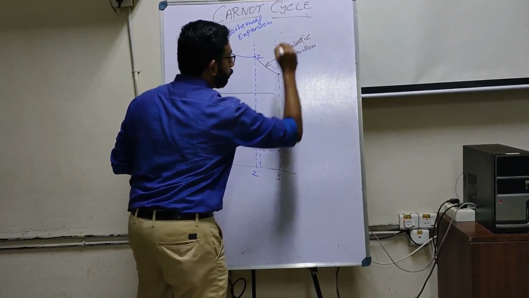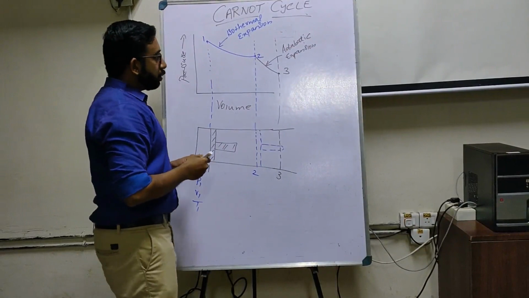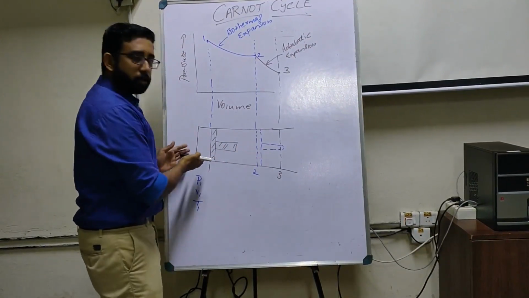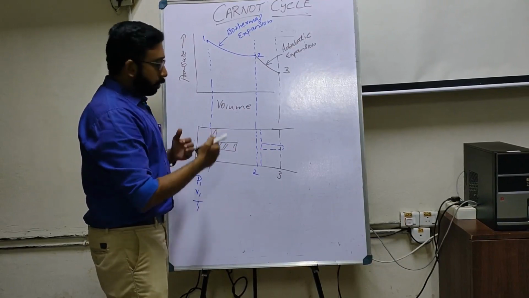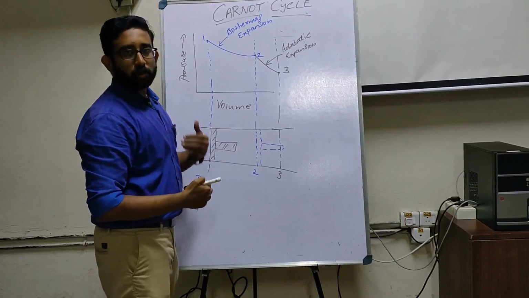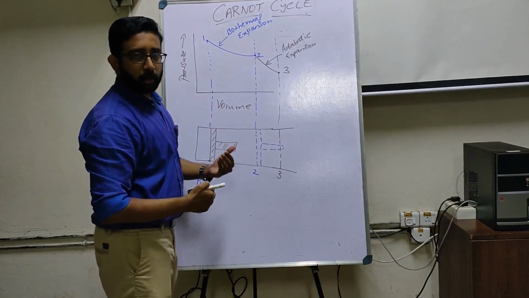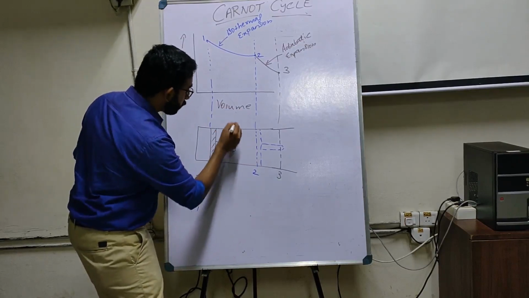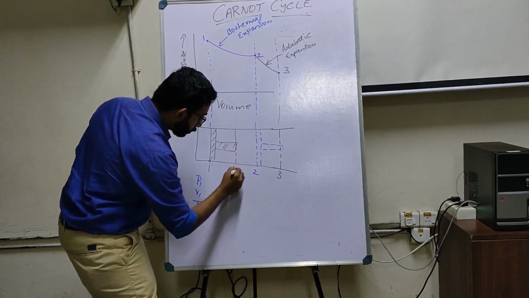And after state 3, a cold body is brought near to this system, and the system starts rejecting heat to the cold body again isothermally, till it reaches a state 4. So let us assume this is state 4.